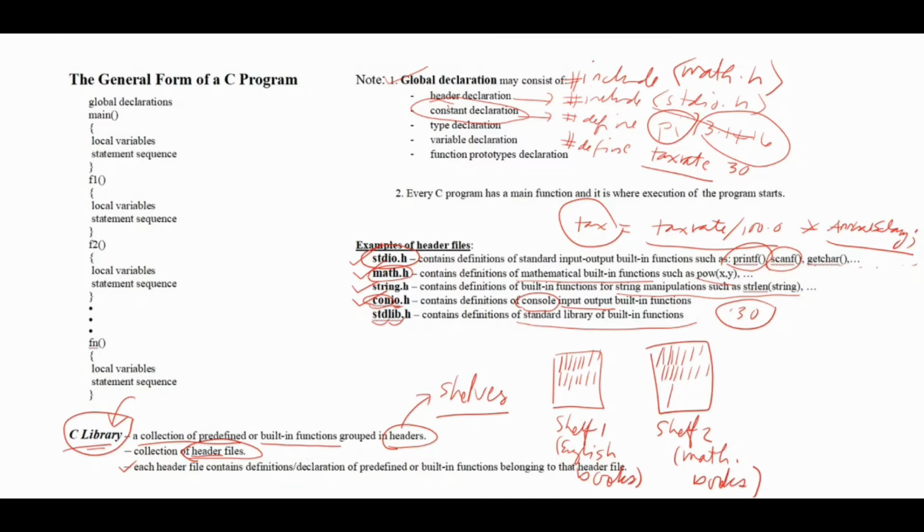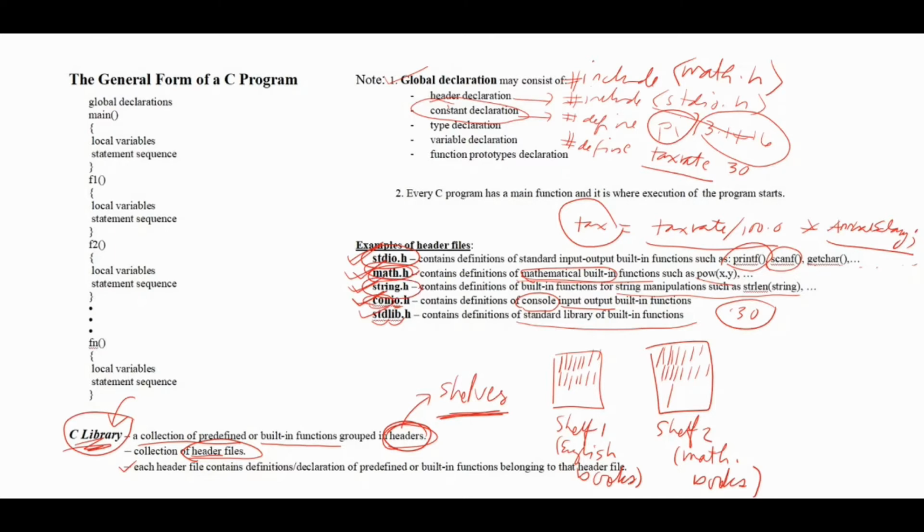So in the C library, these headers are like shelves, like this one. This is shelf 1, shelf 2, shelf 3. And like in the math.h, all that the math.h header file contains, just like a shelf, is all the mathematical built-in functions. Okay, you cannot find in math.h those string manipulation functions.